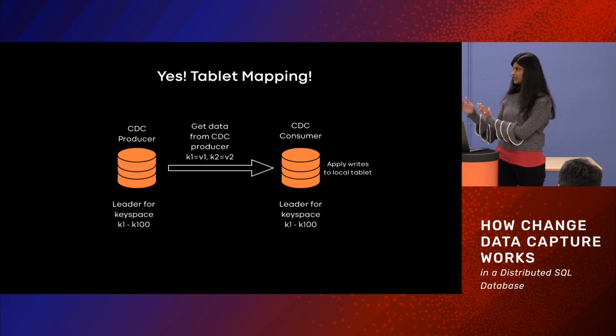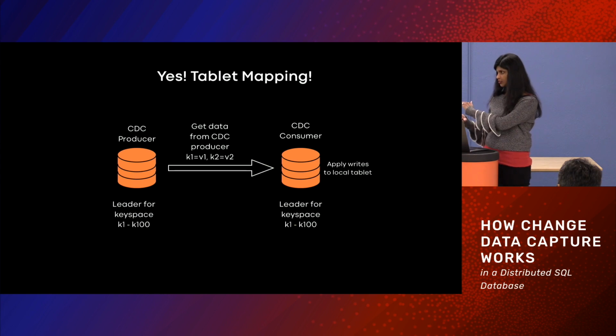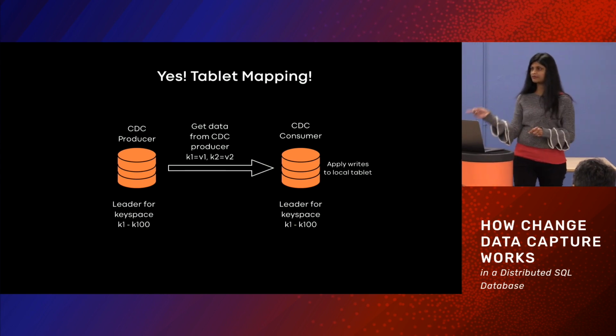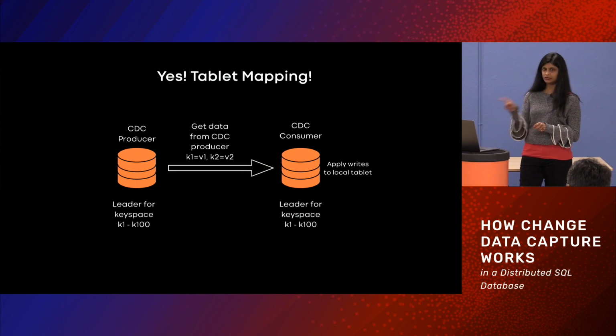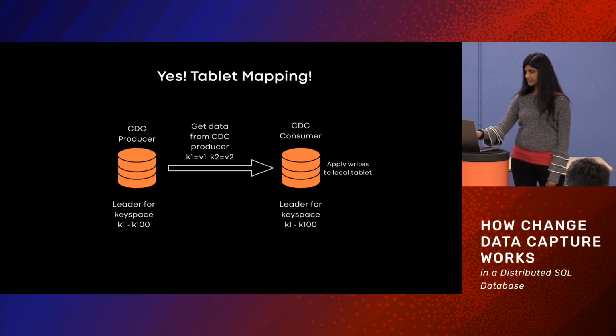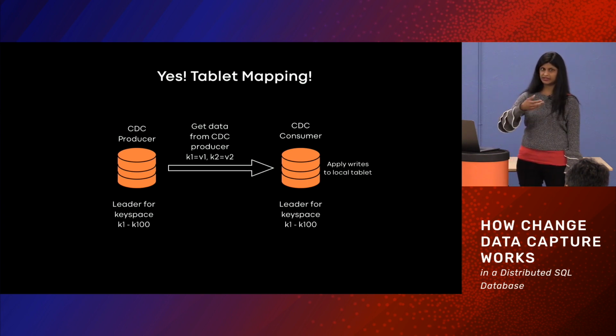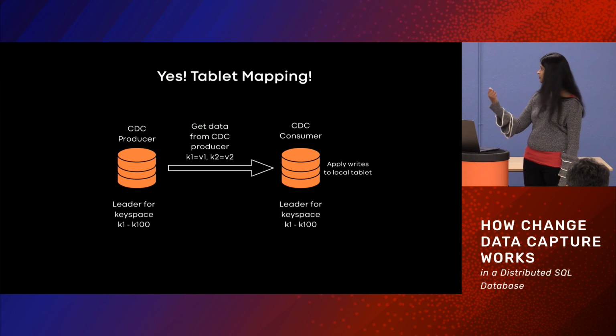We'll try to make sure that the tablet that we choose on the consumer side has the same key space, key 1 to key 100. That way you are mapping the two together, so you don't have to send that write out to another leader.